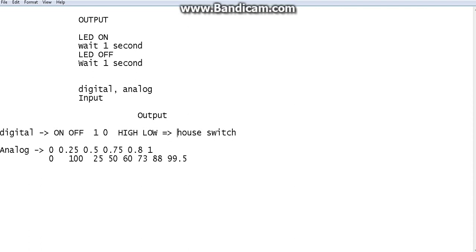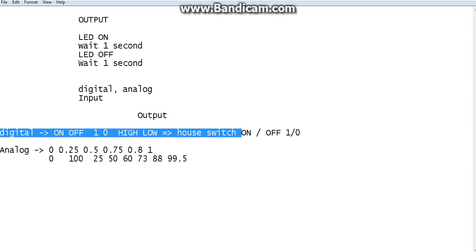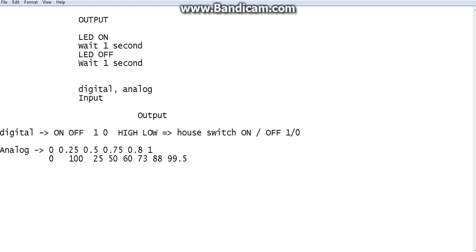Can your switch be on 0.25, 0.5, 0.8? No, right? A switch can either be on or off. Yes or no? Yes. Two states are possible. That means 1 or 0. And your bulb is also the same, because the switch is connected to the bulb. So the bulb also can either be on or off. There's no other way.